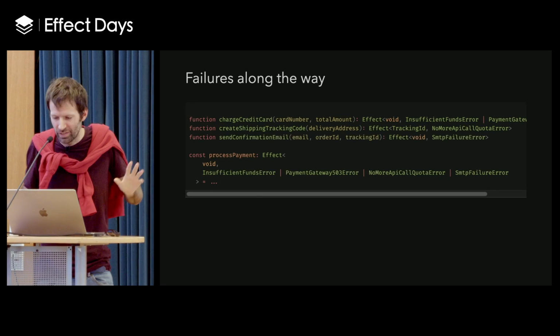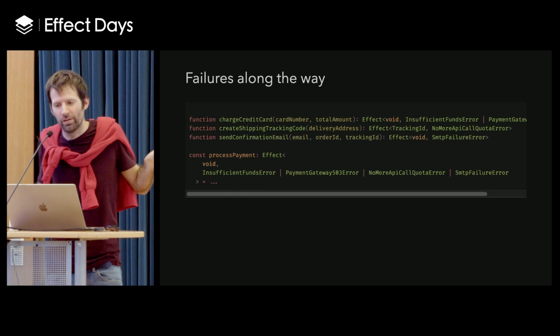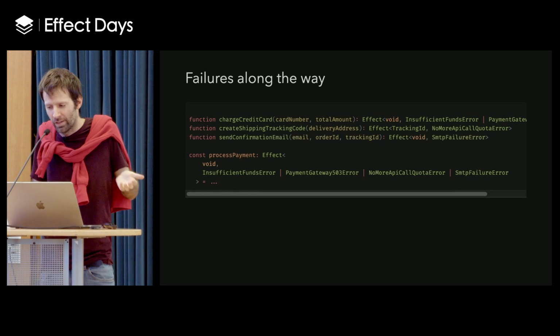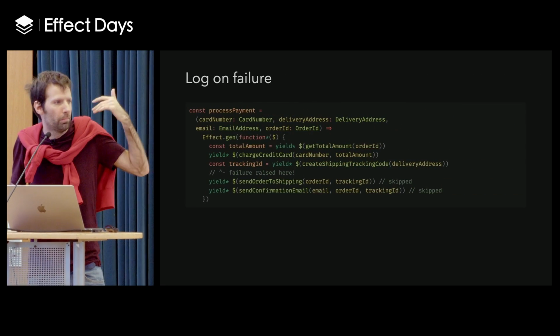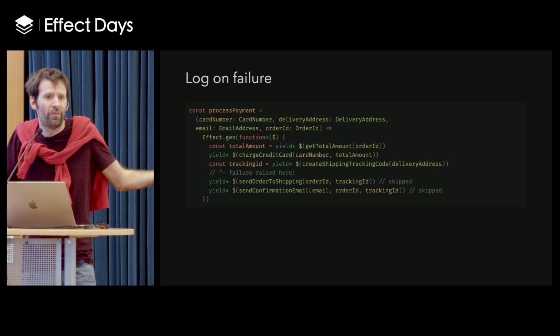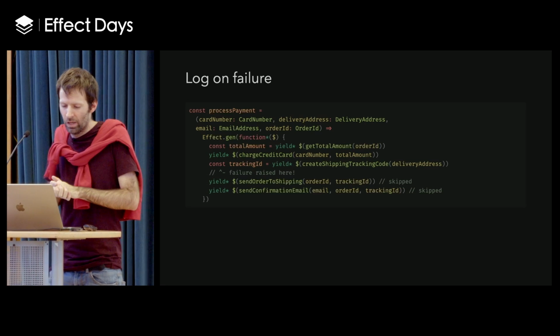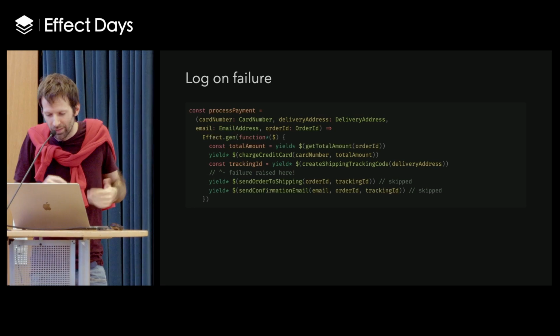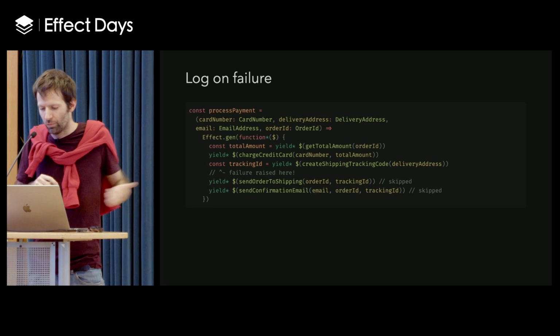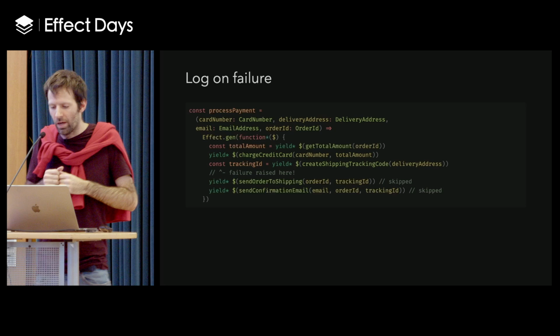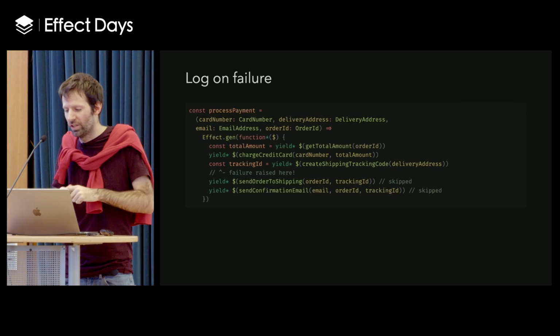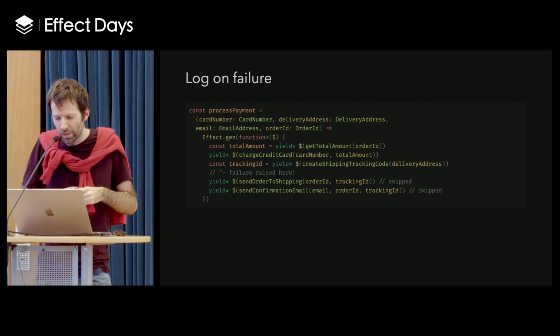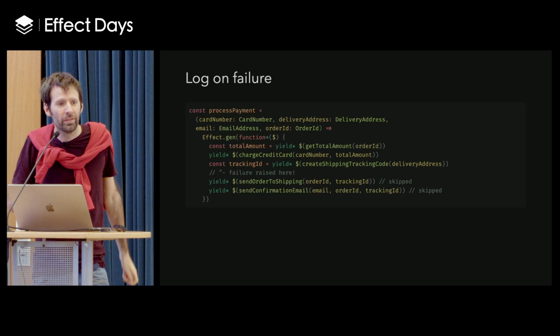So let's start very simple and say that we have those errors, and the simplest thing that we can do is just put those errors into some fancy UI for the user. So let's say that this is our code, and let's say that the first call to get total amount works, the charge credit card works, so we now successfully charge the card of the customer, and now we call create shipping tracking code.